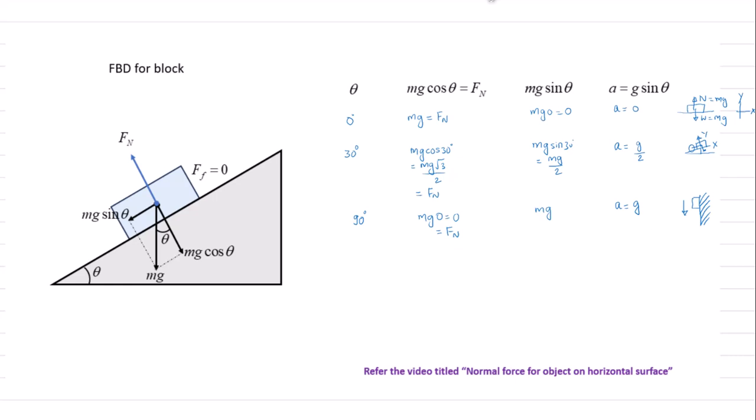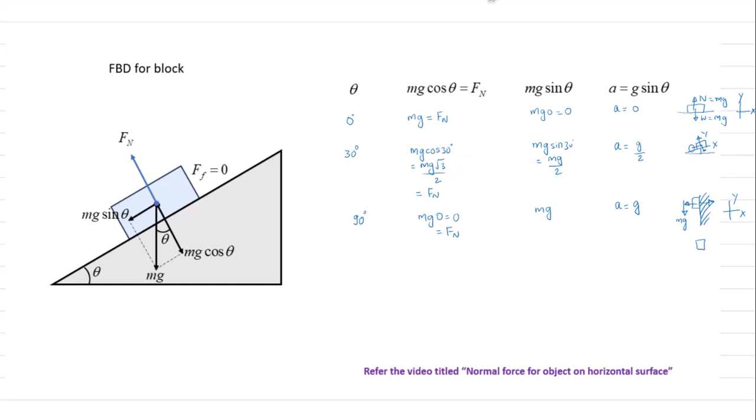So the only force which is acting in the y direction will be the mg, equal to the weight of the object. And since there is no component of the weight along this direction, therefore there will also be no Fn. Fn equals 0.